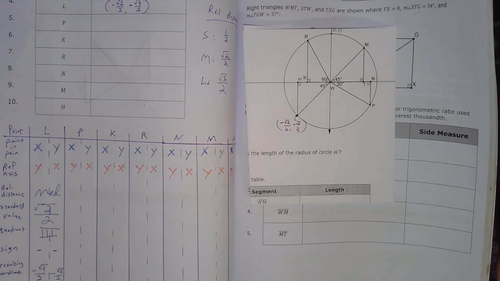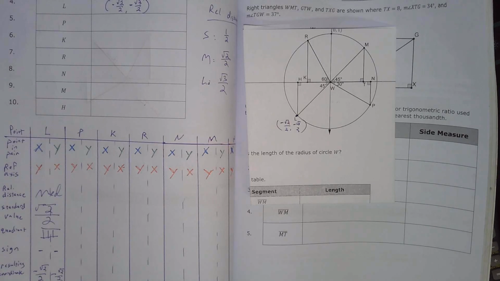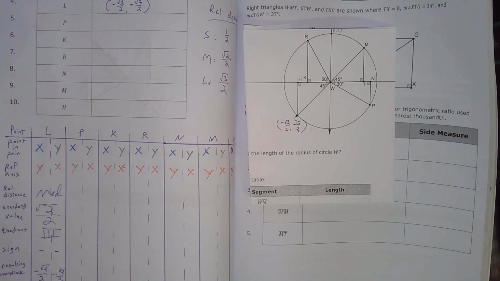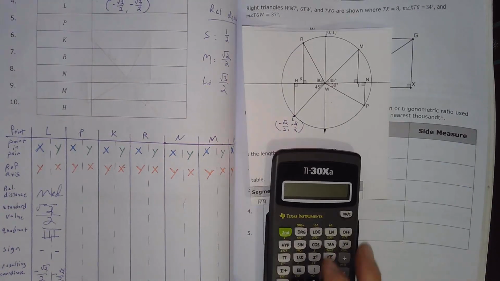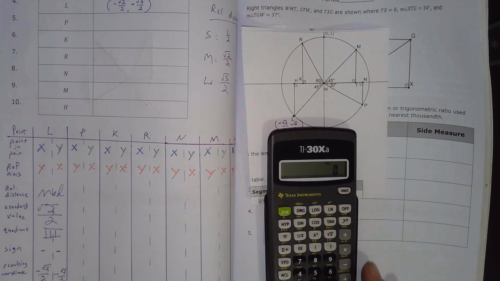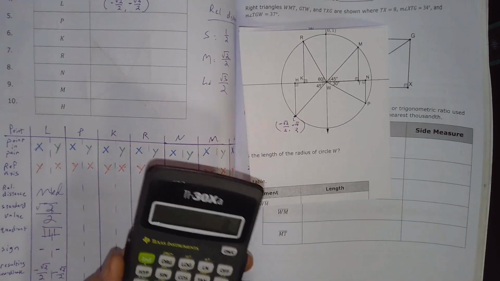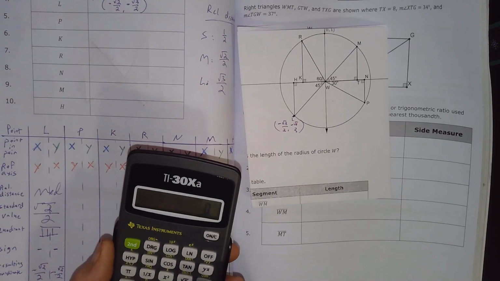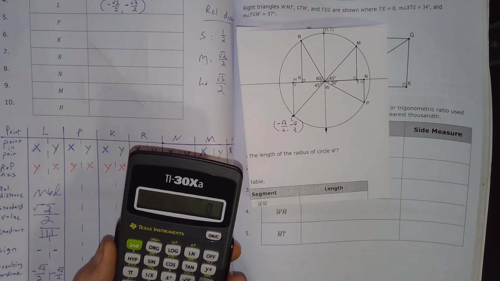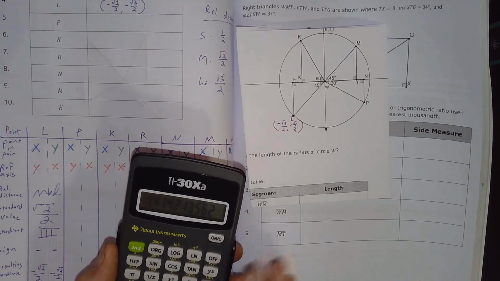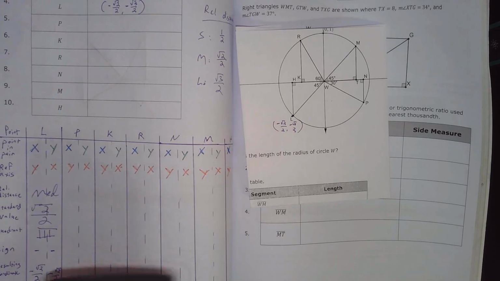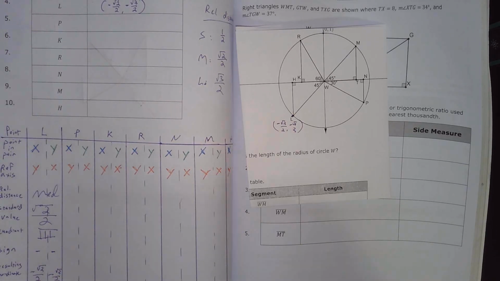You could also put it in its decimal form if you wanted to. It's like 0.707 or something. Let's see, square root of 2 divided by 2. Yeah, 0.707. I like to put it in that form because it's more precise.